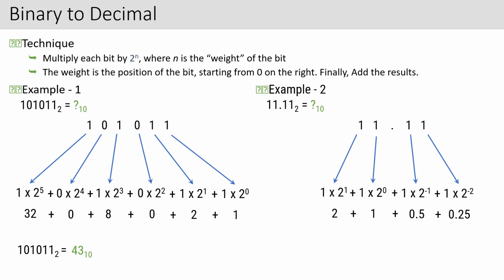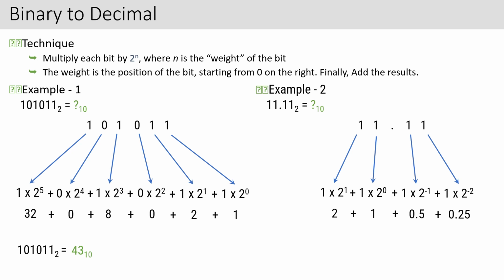So what you do is this: 1 into 2 to the power 1 plus 1 into 2 to the power 0. For the fractional part, you will have to multiply by the negative of that n, but you are not supposed to take 0 because 0 is neither positive nor negative, it's just an integer. So I will write 1 into 2 to the power minus 1 plus 1 into 2 to the power minus 2.